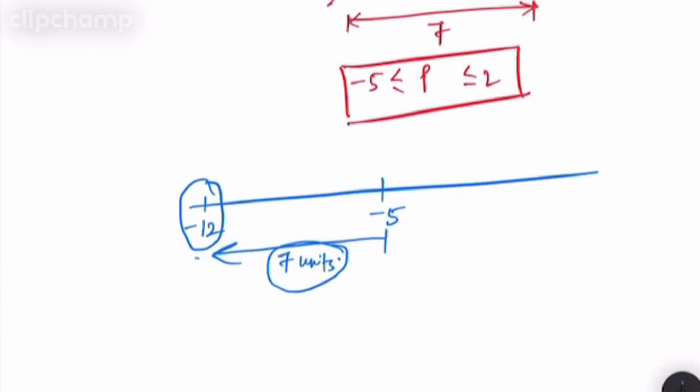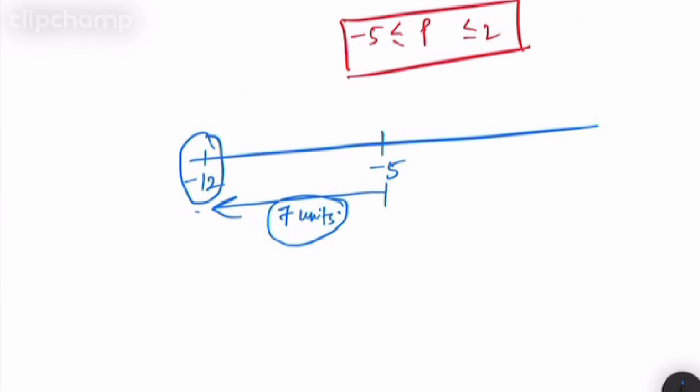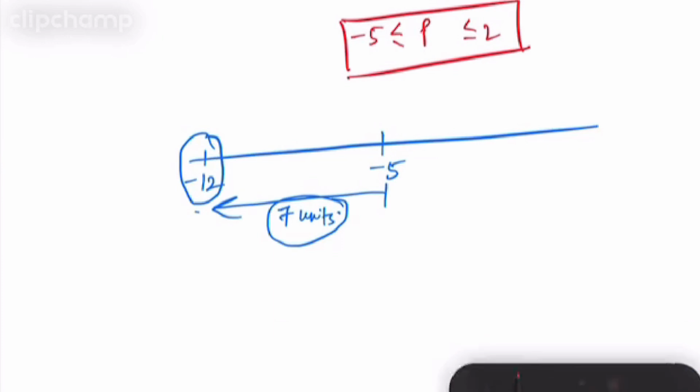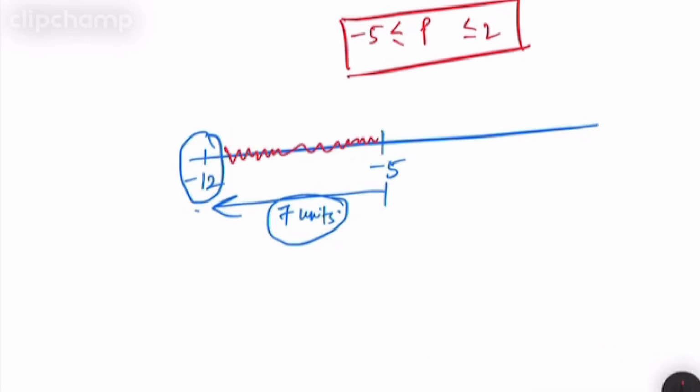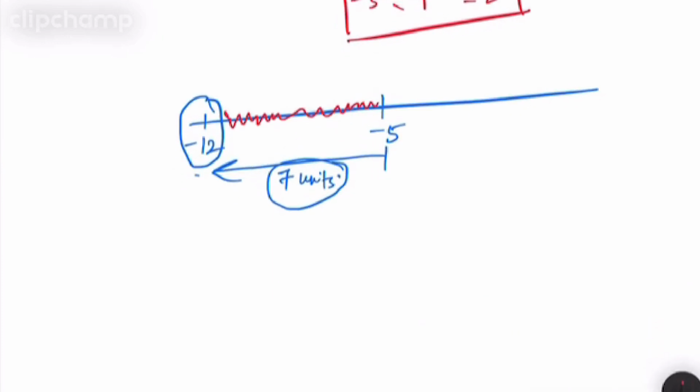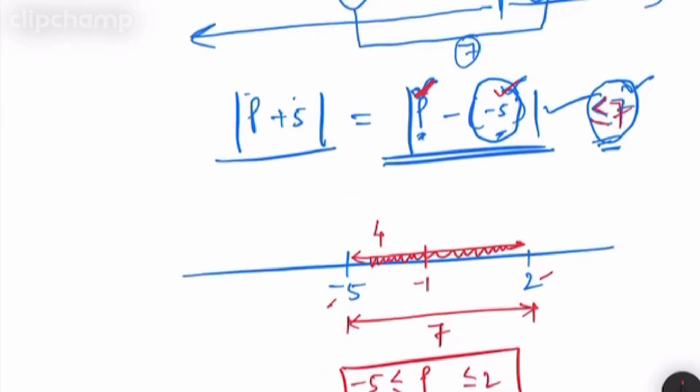So p can take any value in this zone: p will be greater than or equal to minus 12 and less than or equal to minus 5. So we have found the values of p.